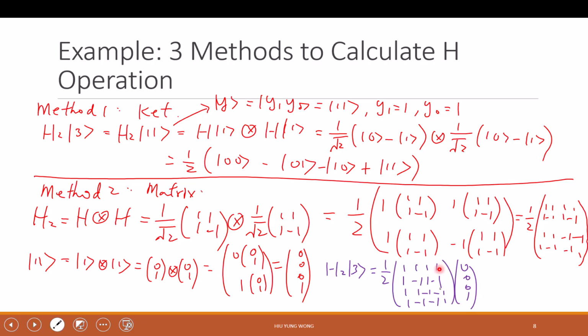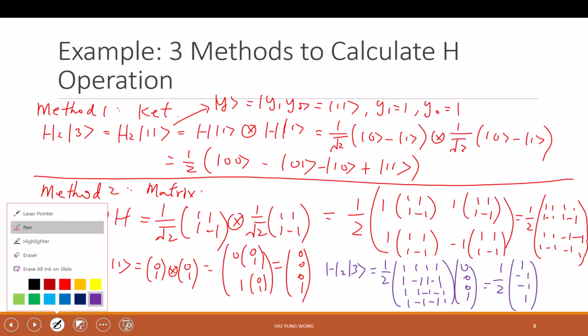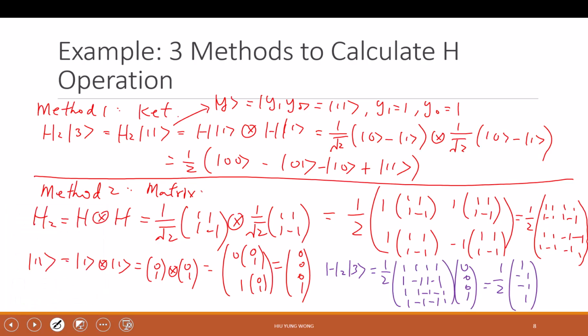The last one, right? Same for this one times this one, because the rest is 0. So basically, the operation is to get the last column. This is equal to 1/2 times the last column, 1, negative 1, negative 1, 1. Is it correct? Think about that.